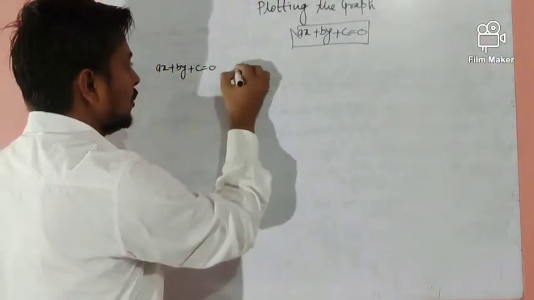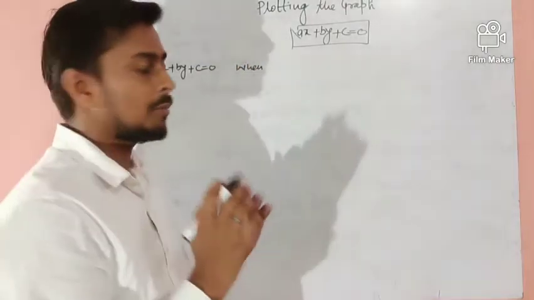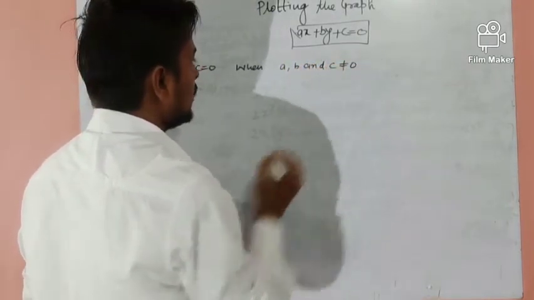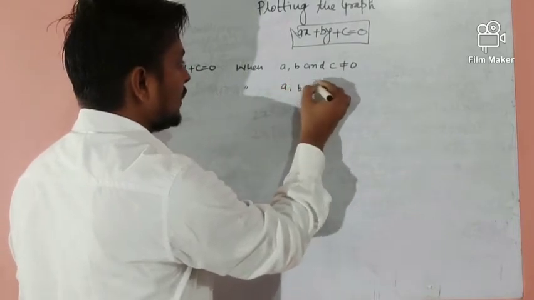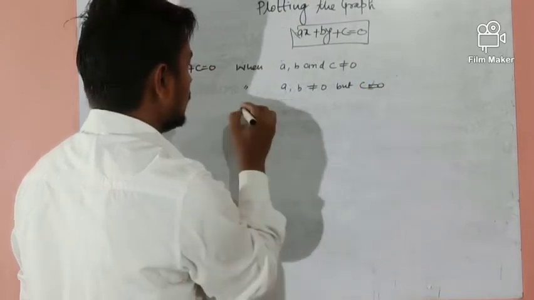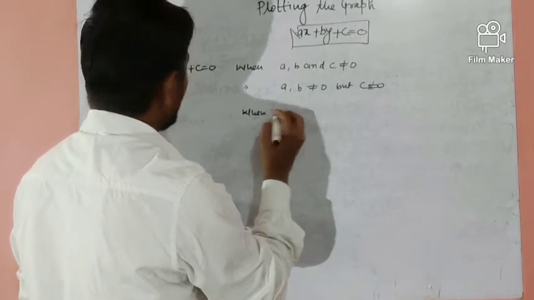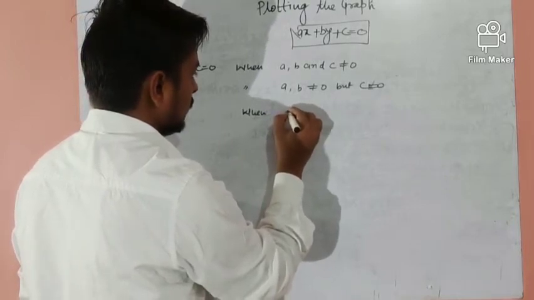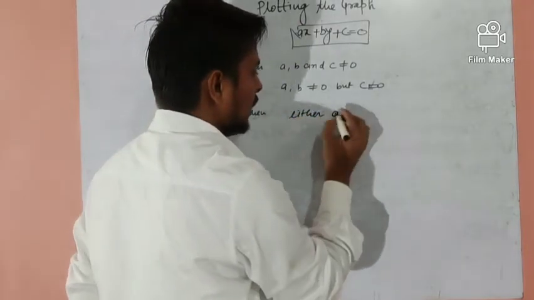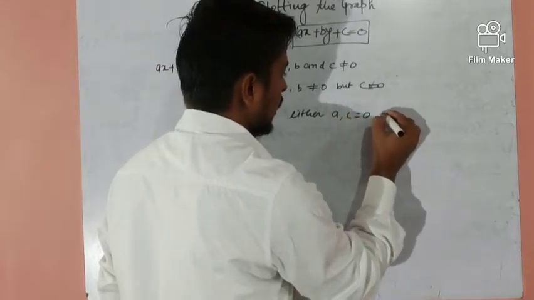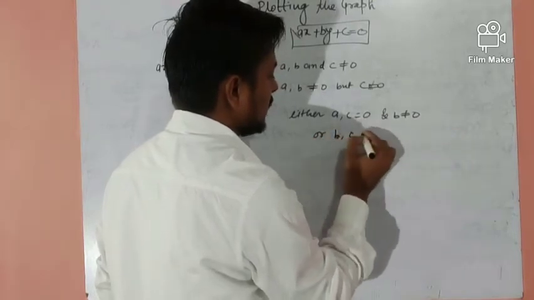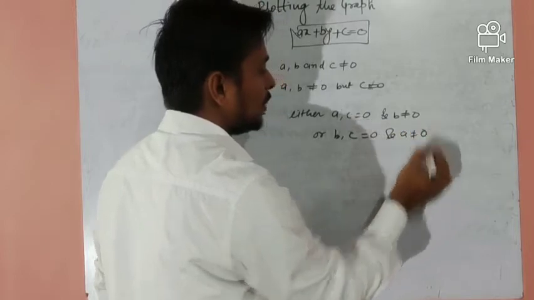plus c is equal to 0 when there are some conditions: when a, b and c are not equal to 0, when a, b are not equal to 0 but c is equal to 0, when either a, c is equal to 0 and b is not equal to 0, or b, c is equal to 0 and a is not equal to 0.